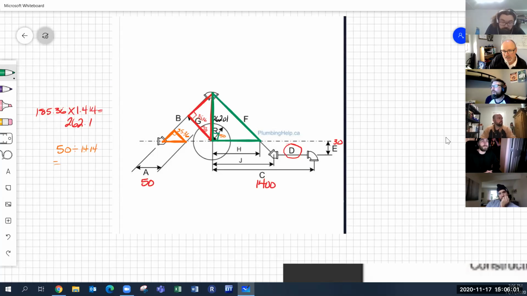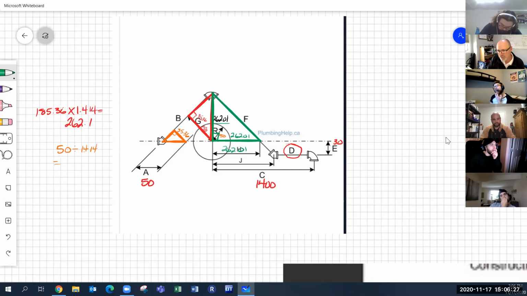As you can see, if this is 262.01, this is 262.01, isn't it? The rise and the run are always the same on a 45-degree right angle triangle. So that gives me what H is. H has to be 262.01. It's not quite D yet.